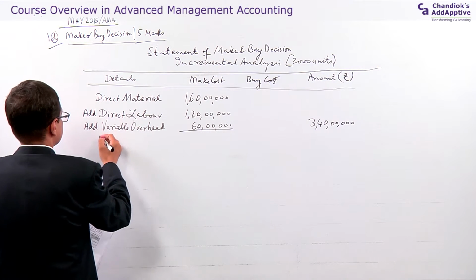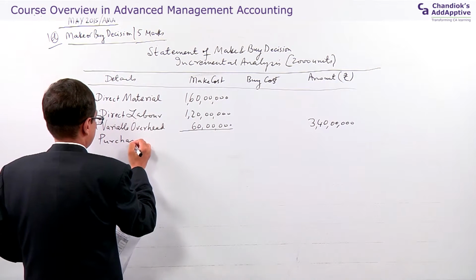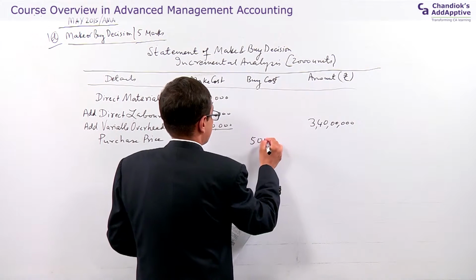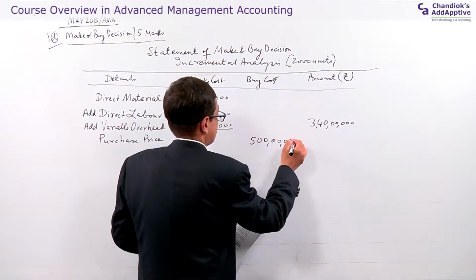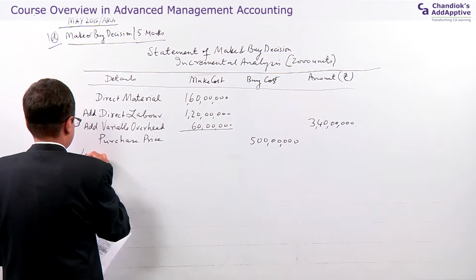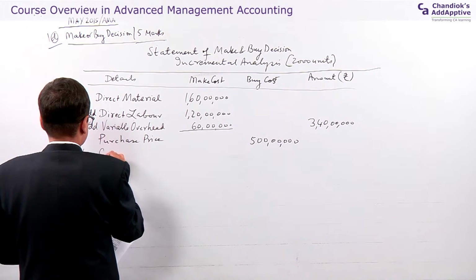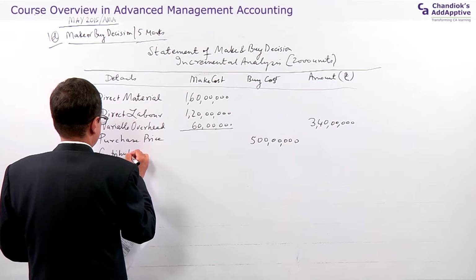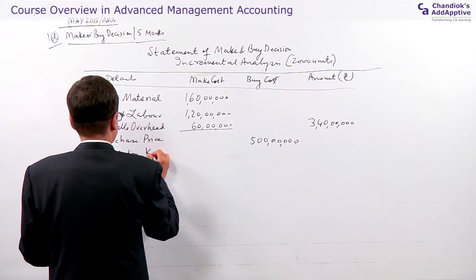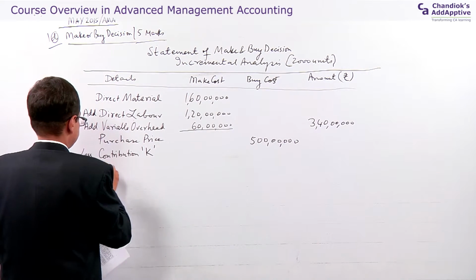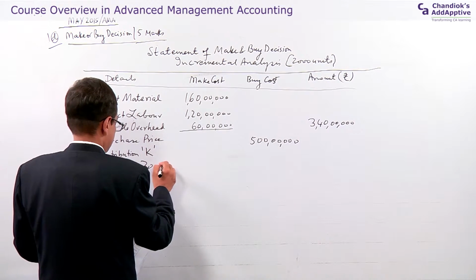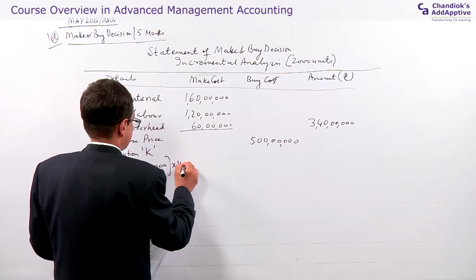Now you can purchase it from market also. It is 5 crore. If you don't want to do it internally, but there will be use of productive resource towards K. You will be contribution will come for product K. It will be 45,000 minus 30,000 for 1600 units.